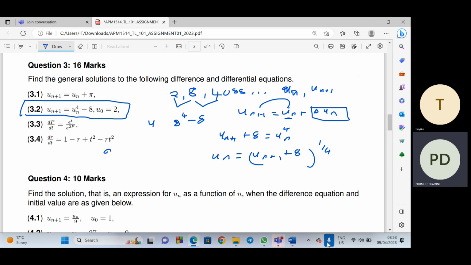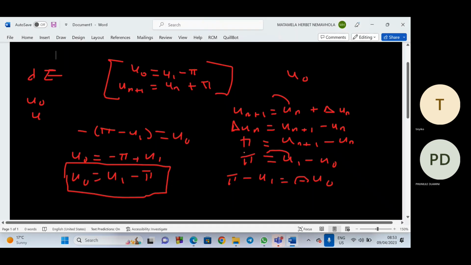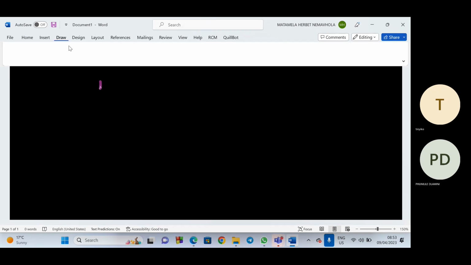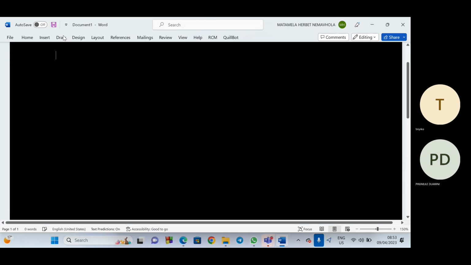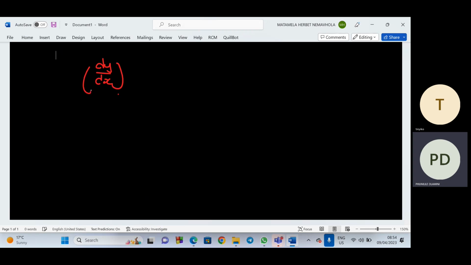All right, so we're going to go to the next step. Now when we talk about dy over dx, when we talk about dy over dx, we are talking about differentiating, which is the same as when we are finding f prime of x.